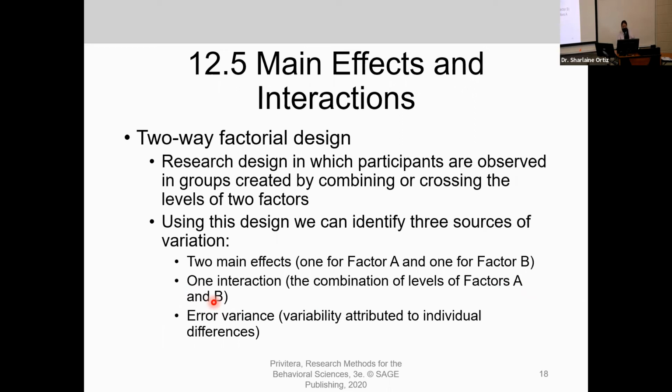But another source of variability is clearly error, right? So error can be yet another source that could be the aspect that is influencing that variation. Generally, when we are thinking about error variance, we are thinking about the variability that is attributed to those individual differences.